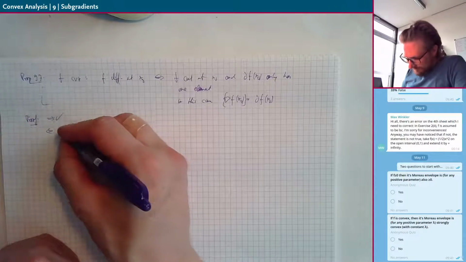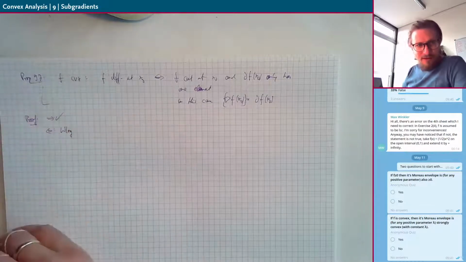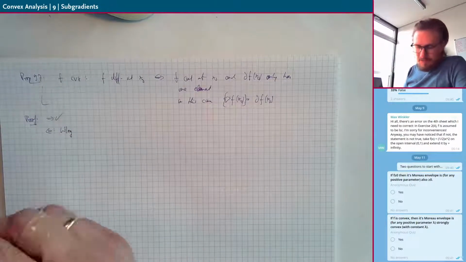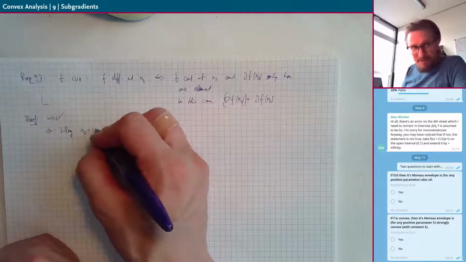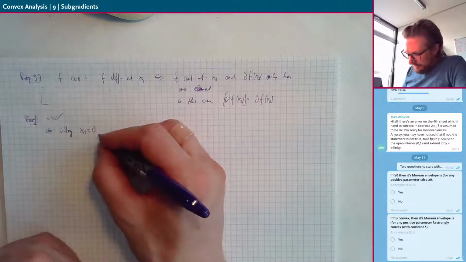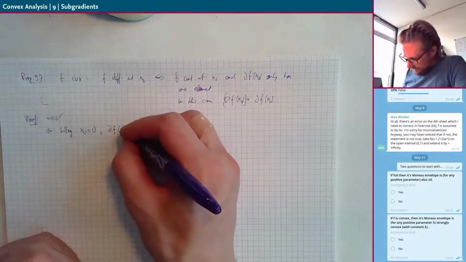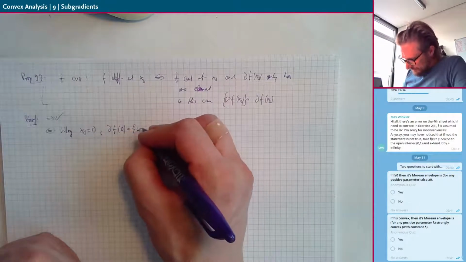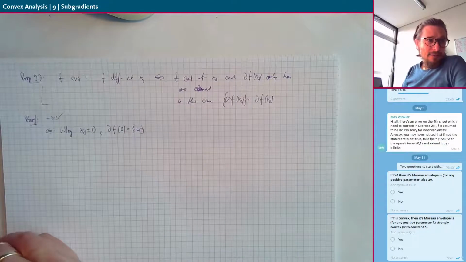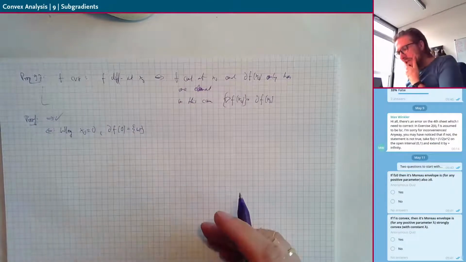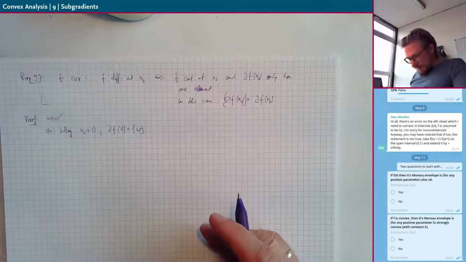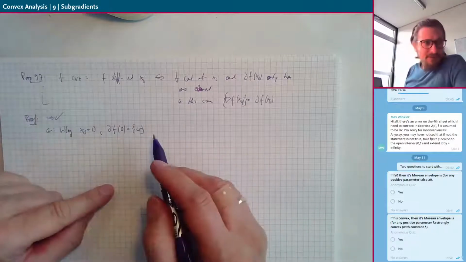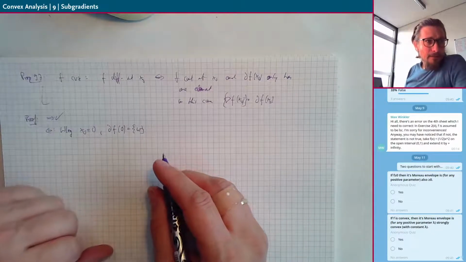Okay, the first step is, without loss of generality, WLOG, we take x0 to be 0 and denote the element in the subdifferential at 0 by w. This just helps us save a little bit of writing.